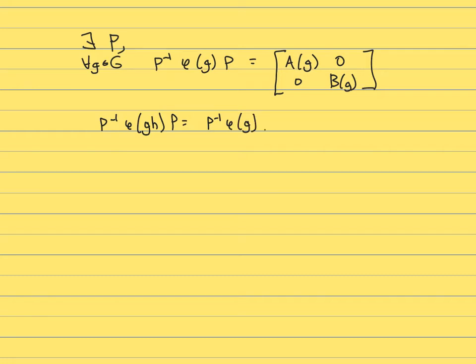Well, by definition of representation, this becomes VHP. You can insert a P inverse in the middle there, or a PP inverse. And according to our calculations, that should give you a matrix like this.